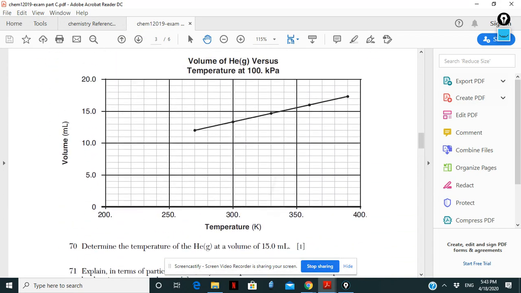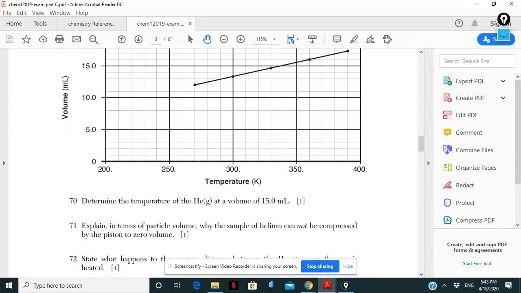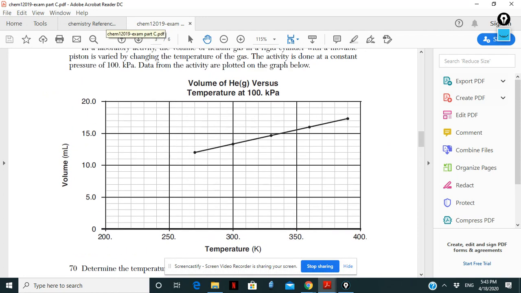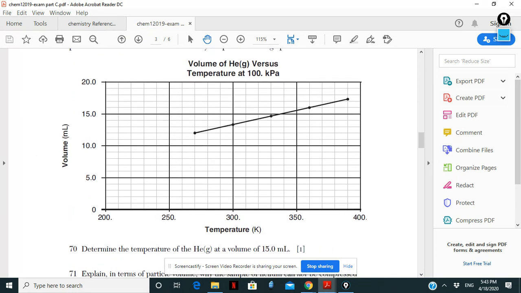Question number 73. We have a diagram showing the volume of helium versus the temperature at 100 kilopascals. Determine the temperature of helium at a volume of 15. For the volume of 15, here, it intersects here.